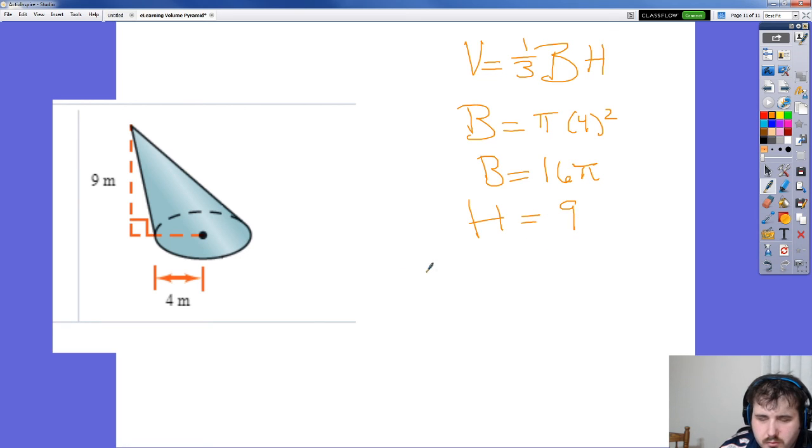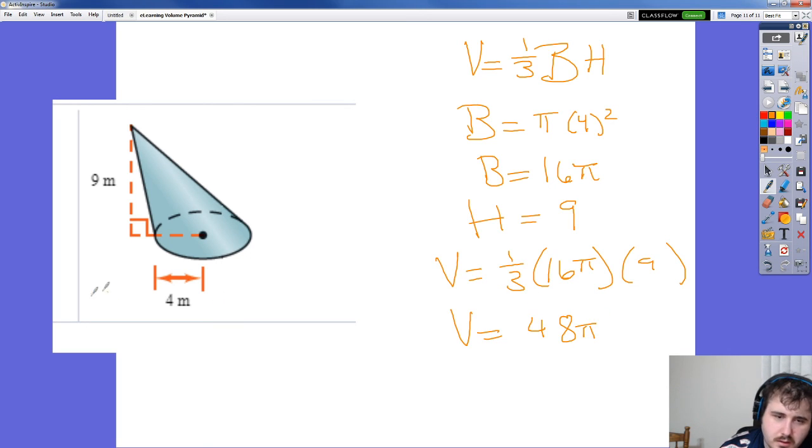And then you can go through and do 1/3 base times height. 1/3 times 16 pi times 9. And then I'm going to just do this mentally because a third of 9 is 3 times 16. 3 times 16 is 48 pi. Units are in meters, so we're going to put meters cubed.